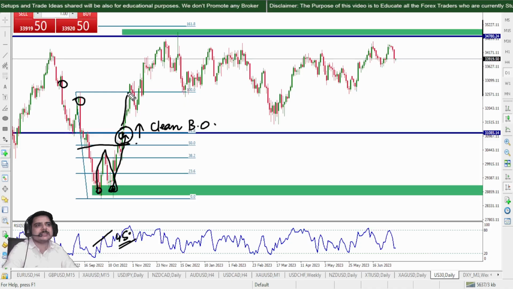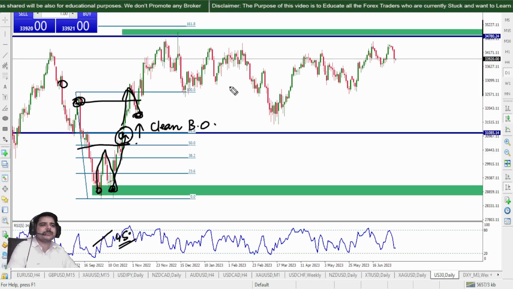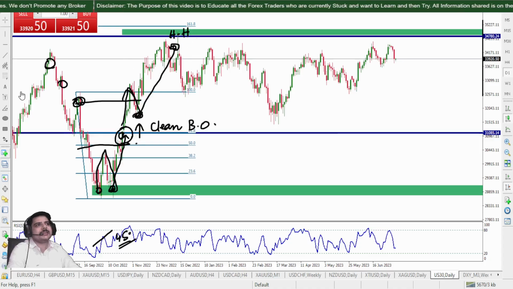Even this time it closes above this zone right here. There was a little bit of false activity, which I will go into in detail sometime later, but for now, there was a further push back up, and we even have a higher high right here, and this is obviously the lower high.